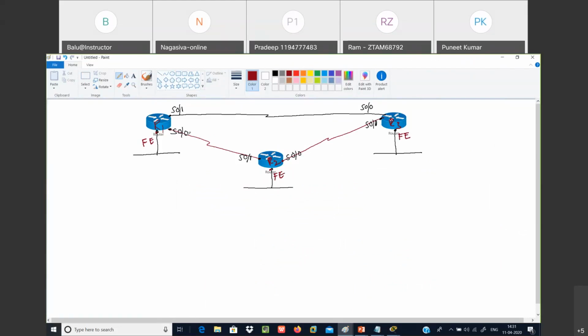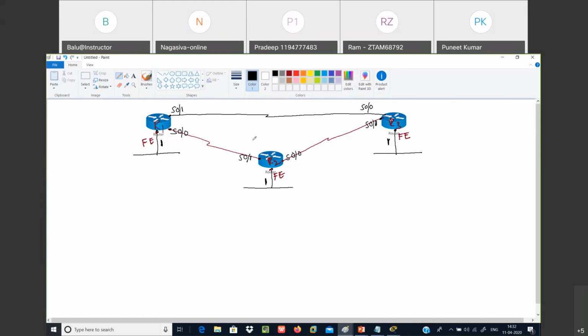R1, R2, R3 backup links are all connected with serial interfaces. Now you tell me, guys, what is the cost of the R1 LAN interface? 1. Good. R2 LAN interface cost? 1. R3 LAN interface cost? 1. Why? Because all are fast Ethernet ports.